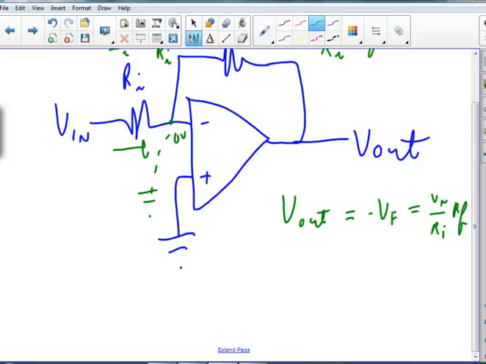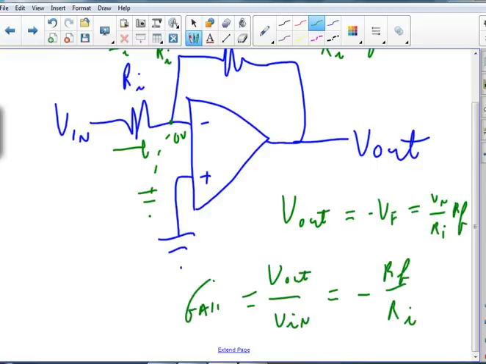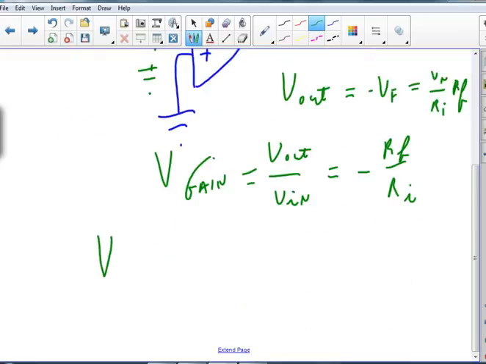Okay, so now I can rewrite that and say Vout divided by Vn is equal to minus Rf over Ri. What's Vout over Vn? That's my voltage gain. So the voltage gain of the inverting amplifier is going to be minus Rf over Ri.